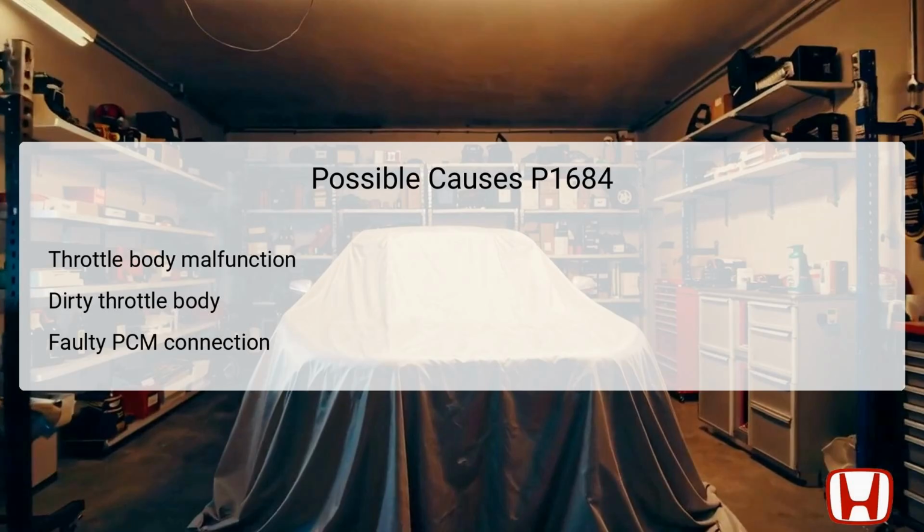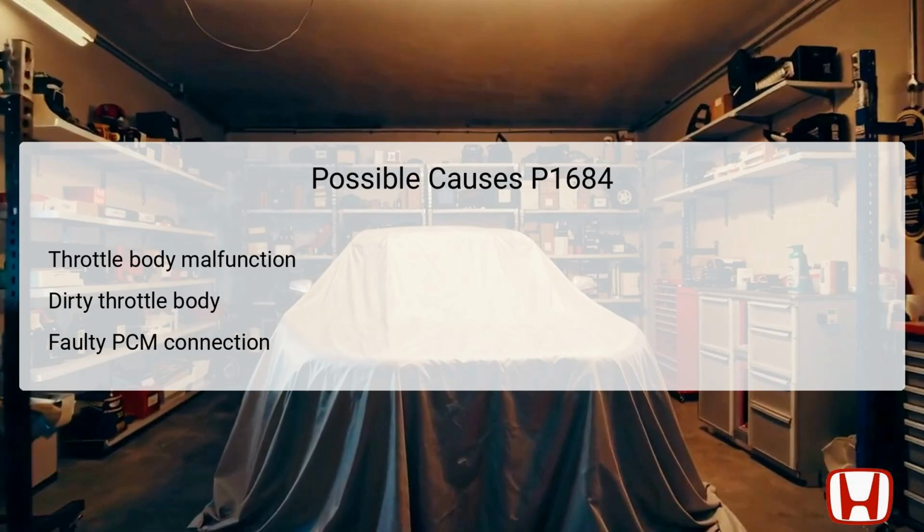Additionally, a faulty connection at the PCM, where inputs and outputs are managed, can result in erroneous signals being sent or received, further complicating the situation. It is crucial to address these potential causes sequentially to effectively resolve the problem, ensuring that each component's integrity is thoroughly inspected.